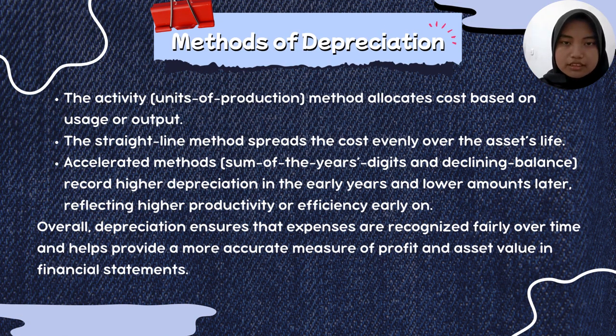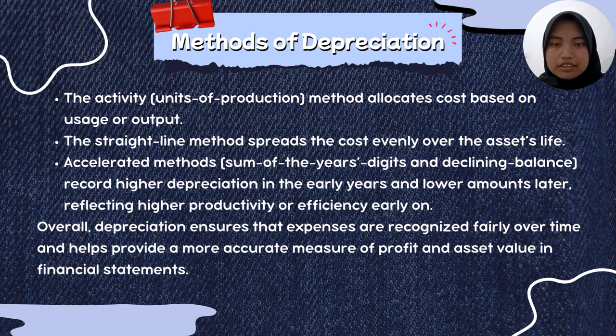The next is the methods of depreciation. The first one is the activity or unit of production. This method allocates cost based on the usage or the output. The second is the straight line method. It spreads the cost evenly over the asset life.